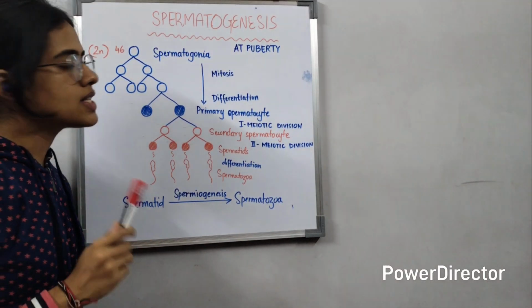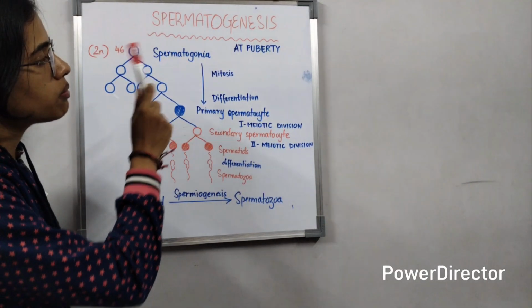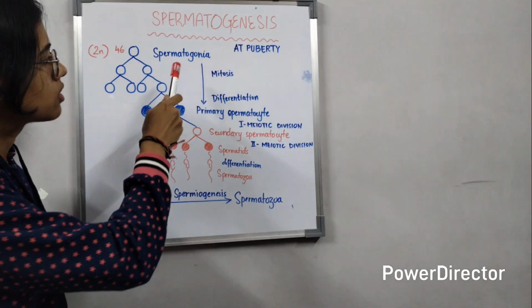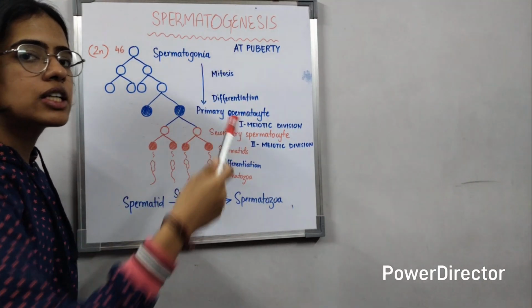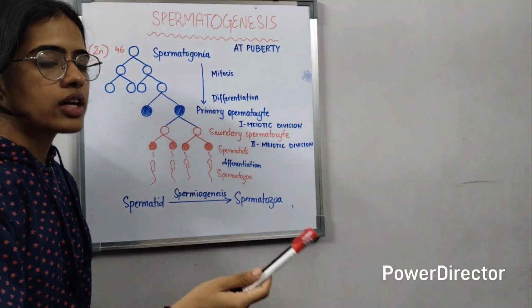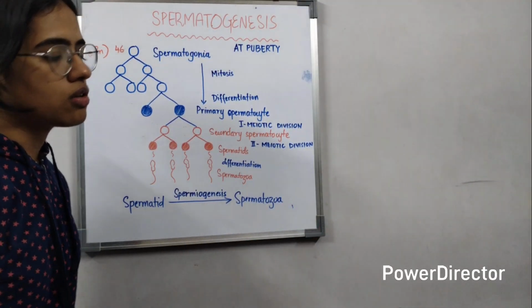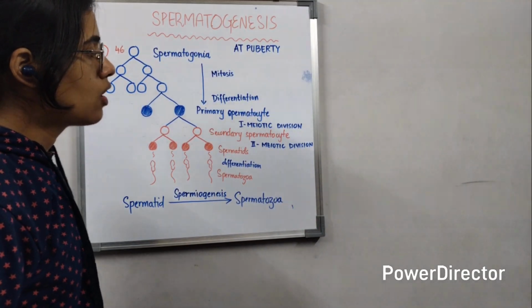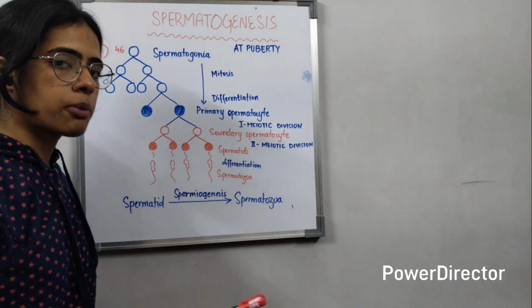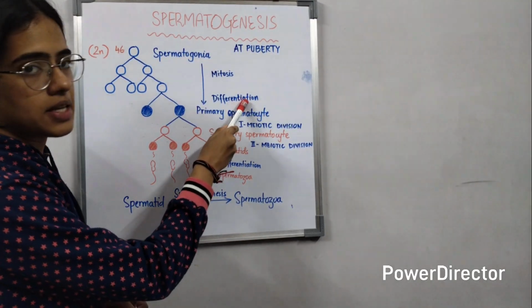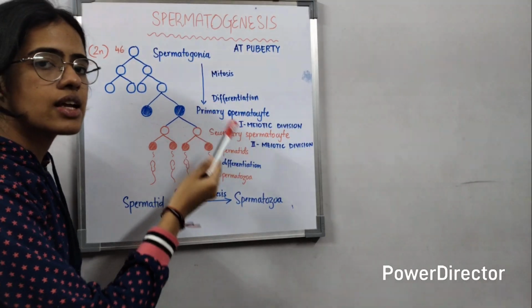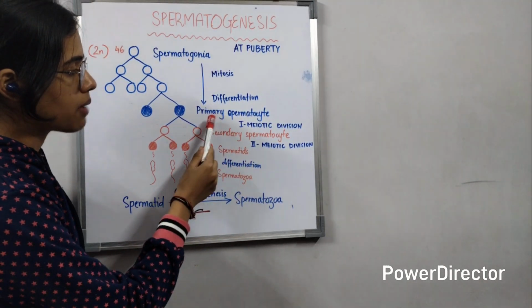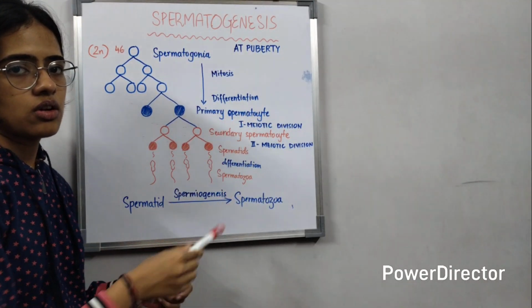Now, what happens here is the spermatogonium undergoes mitosis to form multiple spermatogonia, and it is stored in the testis of the males. During a period, one of the spermatogonium will undergo differentiation to form a special cell which is called a primary spermatocyte.